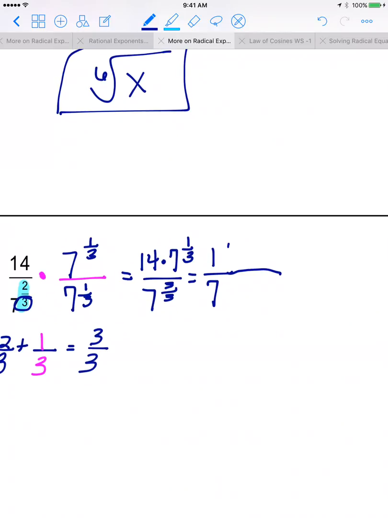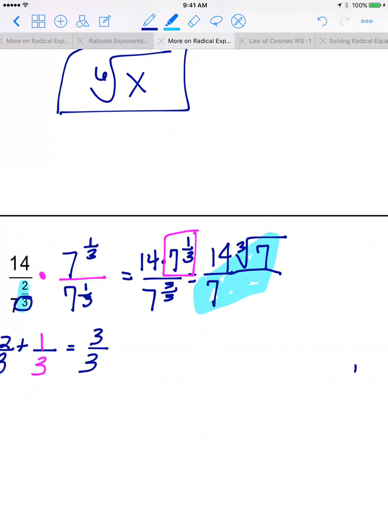Now let's deal with what's in our numerator. So we have 14, but what would 7 to the 1/3 be if we had to write it as a radical? Well, at this point, you would tell me it would be the cube root of 7 to the first. Are we allowed to simplify here? Well, hopefully you would tell me no. The reason is they're not the same radical.